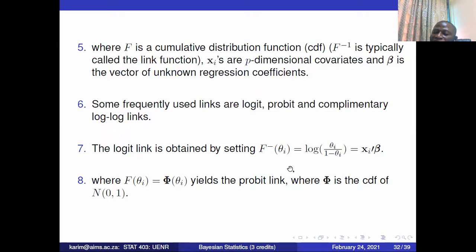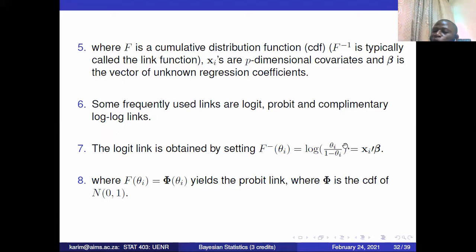So you have theta equal to 1 minus theta multiplied by the exponent of x beta. When you multiply by exponent of x beta, you expand the bracket. So theta is going to be equal to 1 multiplied by exponent of x beta minus theta multiplied by exponent of x beta.